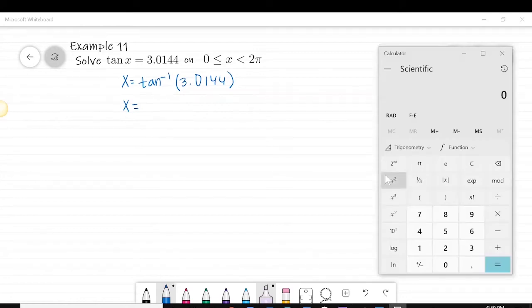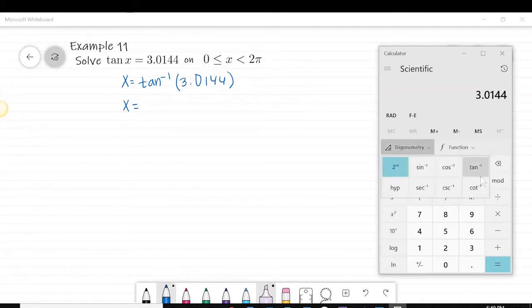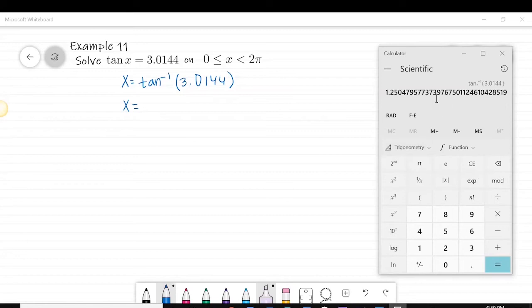One thing I want to point out is make sure that you're in radians. The reason I know that we're in radians is because this is using 2 pi over here. If this was like 360 degrees, then I would use the other format, but definitely radians, so make sure you're in radians. The way that this calculator works is I type that value first, and then I go to trig, second, there's my tangent inverse, and it gives me an output right away.